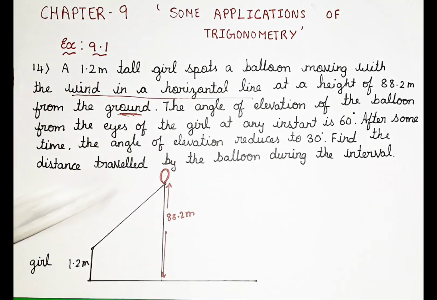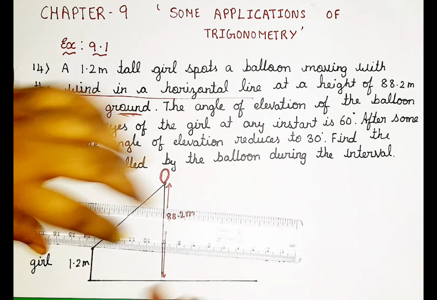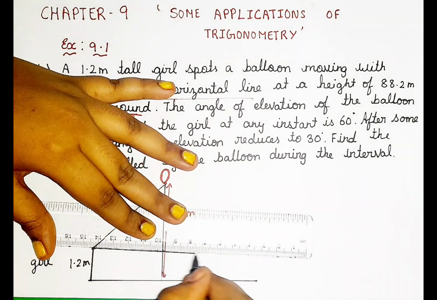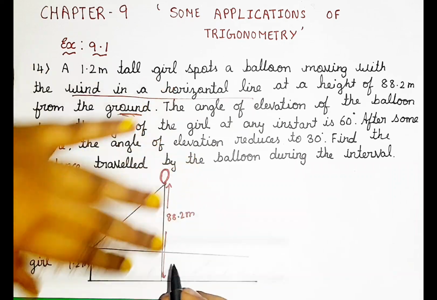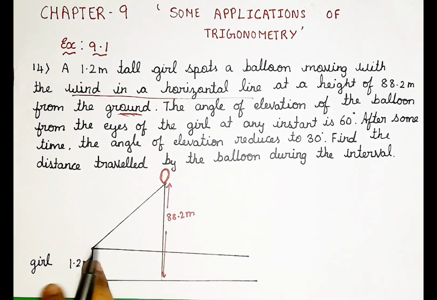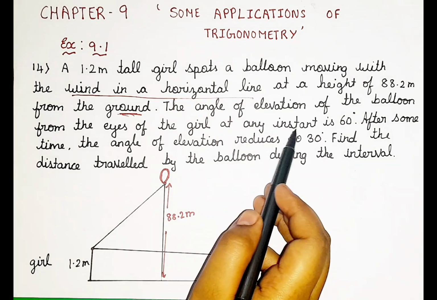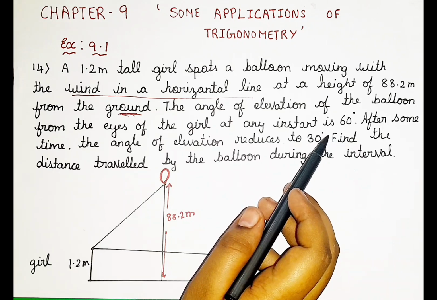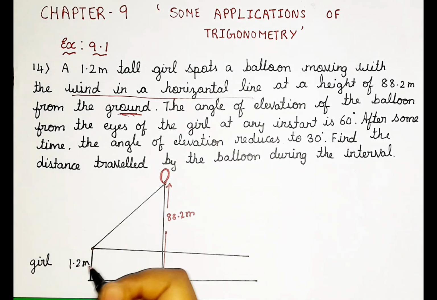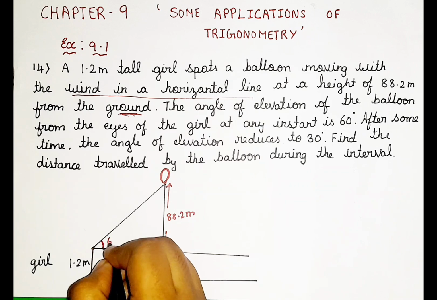We can make the angle of elevation from a level line like this. Remember, whenever we make the angle of elevation, we should have a level like this. Here, down, we call it ground level, and here you can call it the horizontal line. At any instant it is 60 degree, so the angle here is 60 degree.